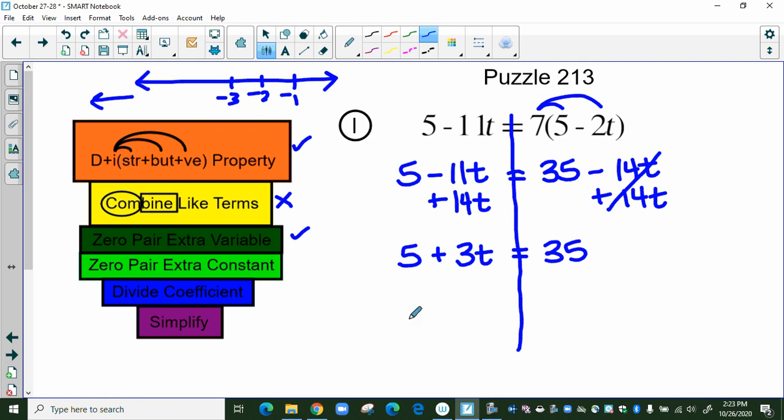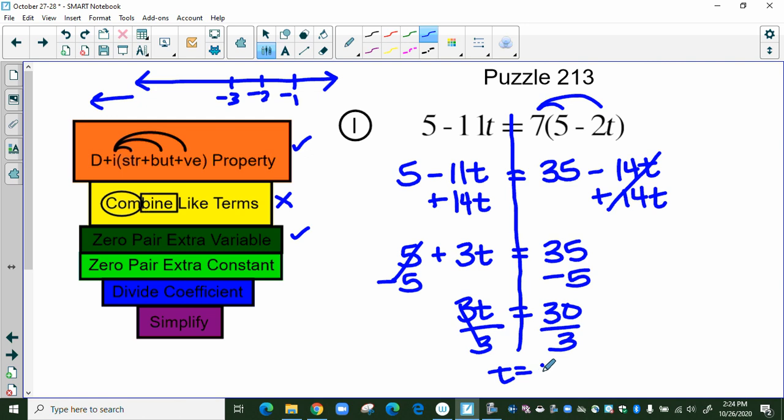Now I'm going to zero pair my extra constant. Here's the variable, which means that 5 is the extra constant. That's a positive 5. I need to minus 5. 3t equals 30. Divide by 3, and t is equal to 10.